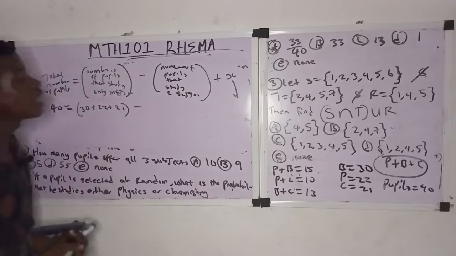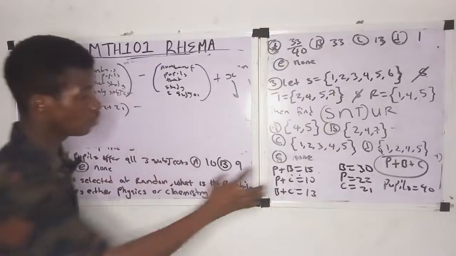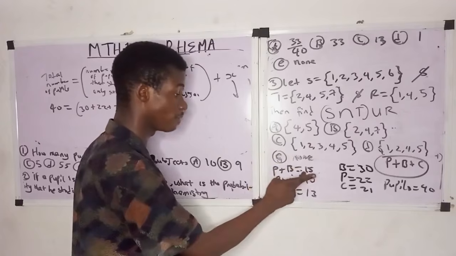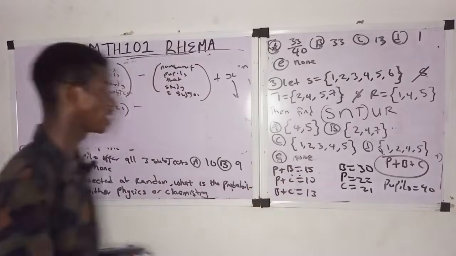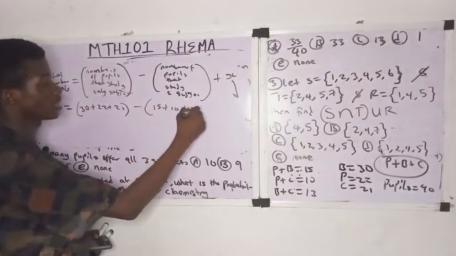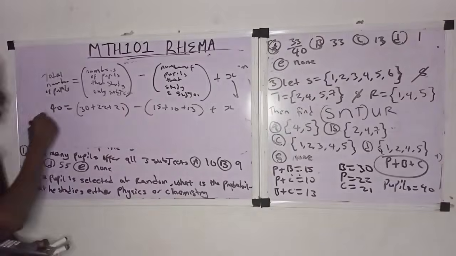Then minus the number of people that study two subjects, bracket open, 15 plus 10 plus 13, then plus x.